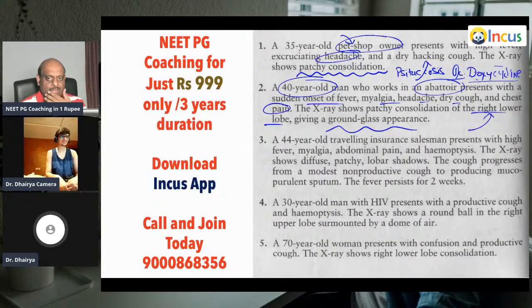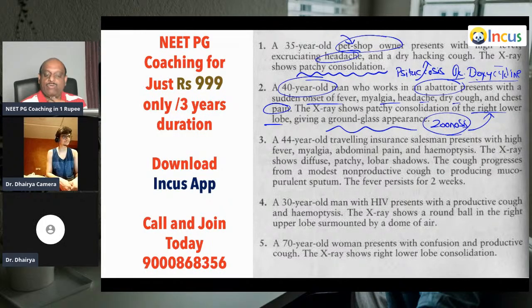Yeah. So in the current times, I would say this is definitely COVID-19 and nothing else. There is nothing else to think about. This has to be COVID. But in this condition, given the history of being in an abattoir, this is a Coxiella burnetii infection, also known as Q fever. It is a zoonosis. It is caused by a spirochete. Treatment is using your penicillins, and that's about it.